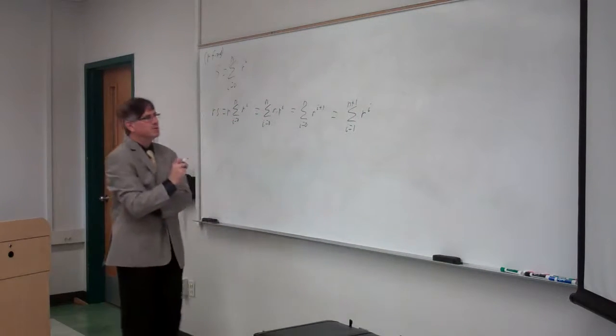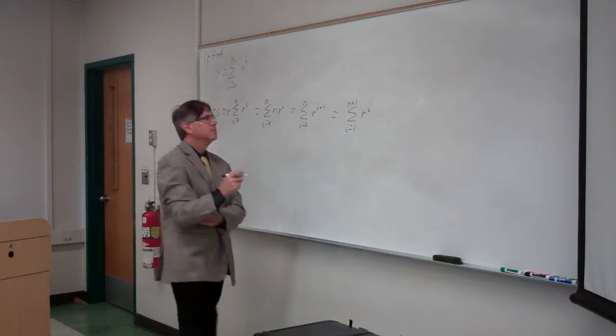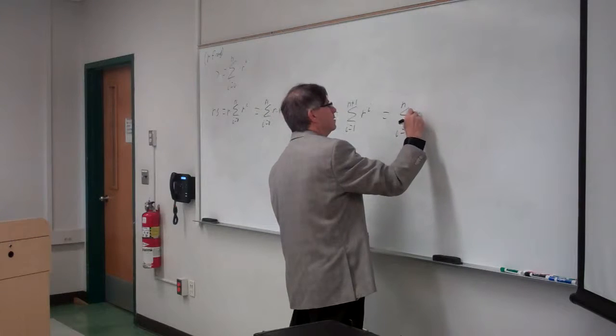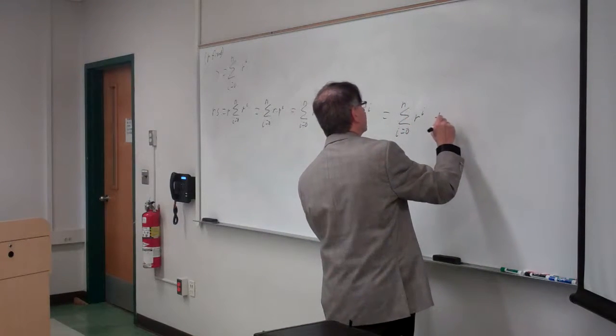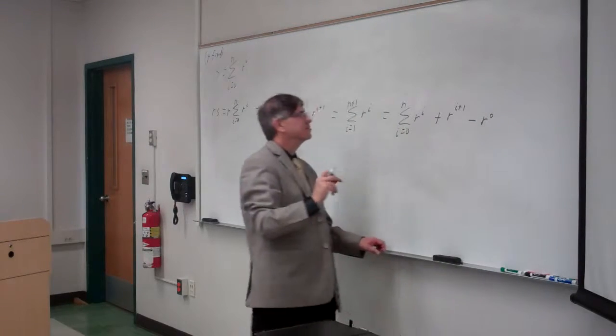Which is the sum from 1 to n plus 1 of r to the i, which is the sum from 0 to n of r to the i plus r to the n plus 1 minus r to the 0.